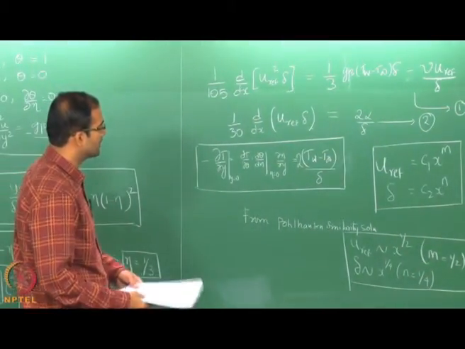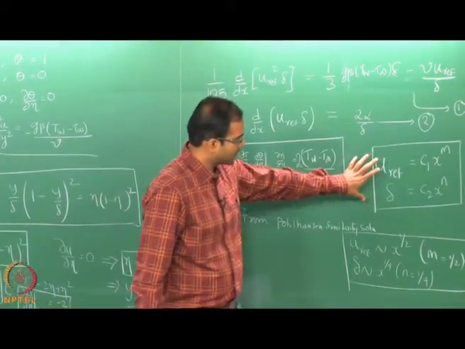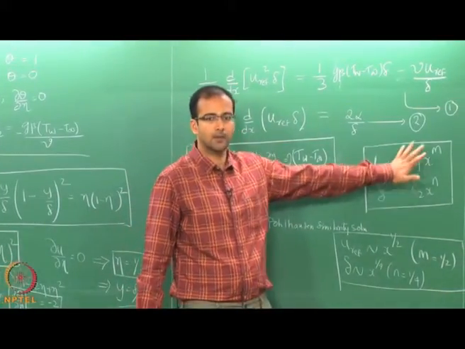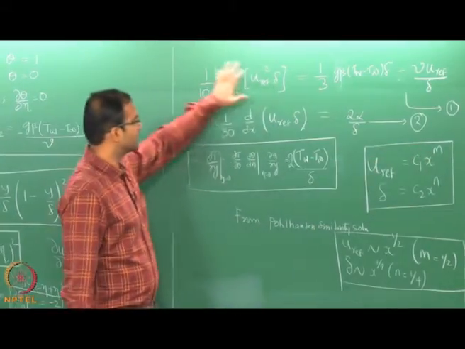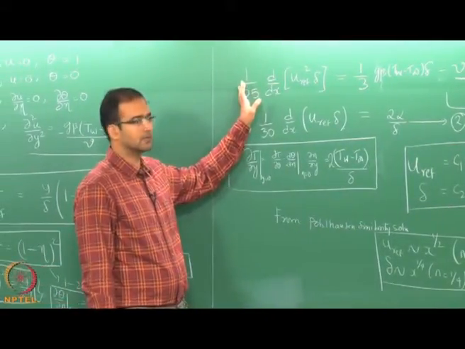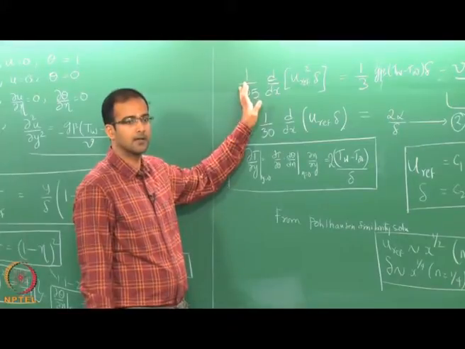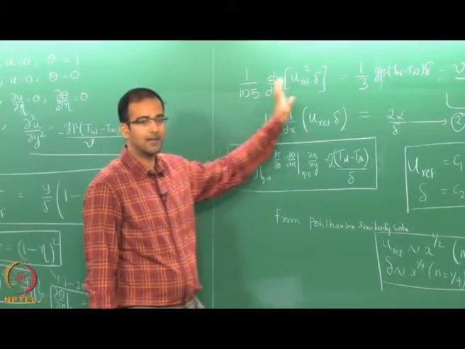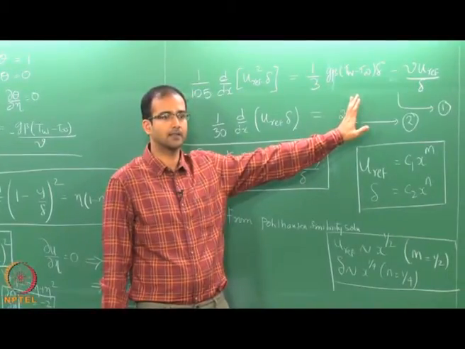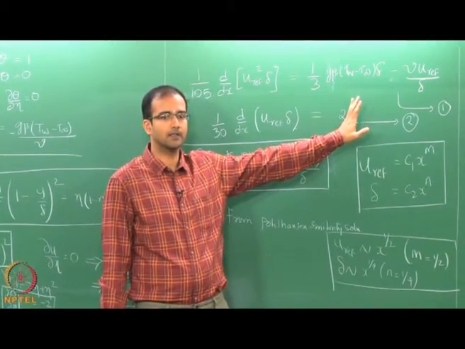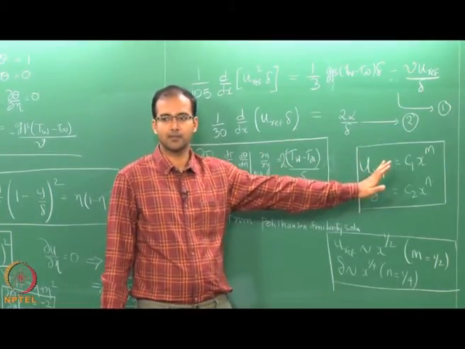So for the time being let us assume some x power m and x power n, we do not know these exponents, and put them into equations 1 and 2 here. Then in order to balance the terms on the left hand side and right hand side, we have to equate the powers to be the same.